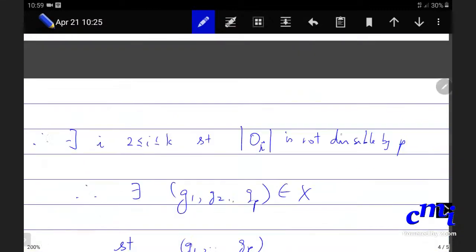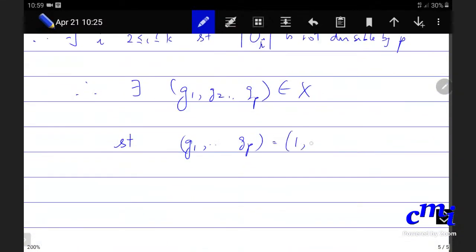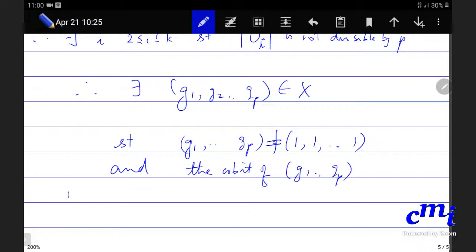So it's not equal to that tuple of ones, and the orbit of (g1, ..., gp) under cyclic permutation is just itself.